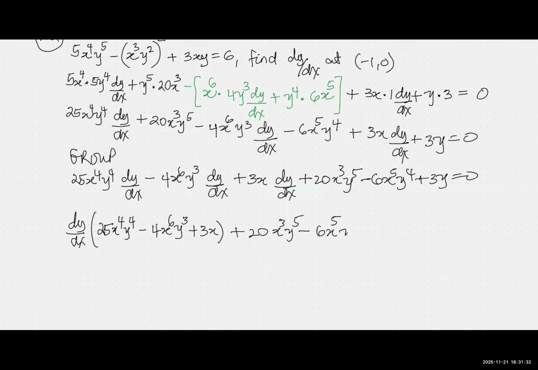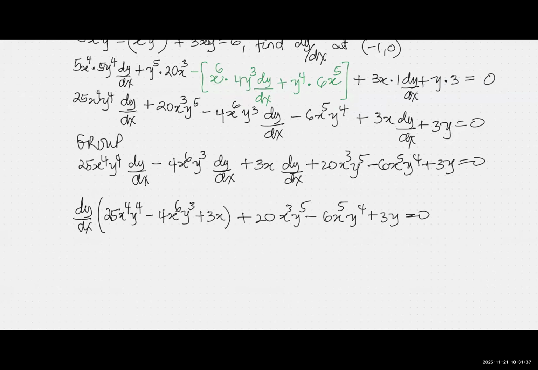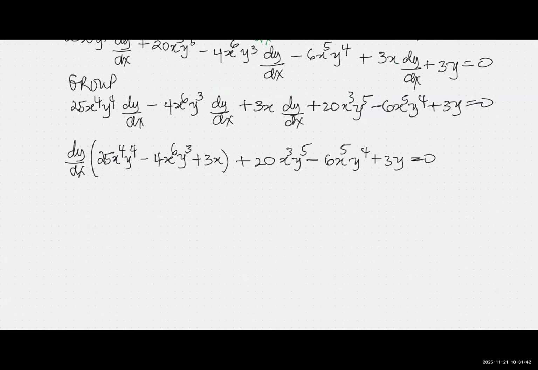Just be careful when you're reducing the functions that you don't make any errors. dy by dx is going to be equal to 25x to the fourth, y to the fourth, minus 4x to the sixth, y cubed, plus 3x, and then I'm going to say equal, look at what I'm doing, positive 6x to the fifth, y to the fourth.